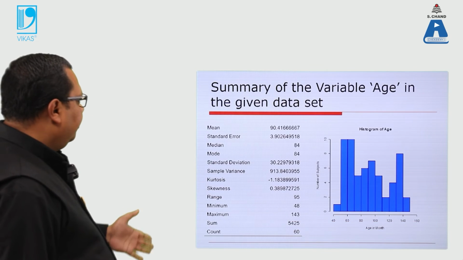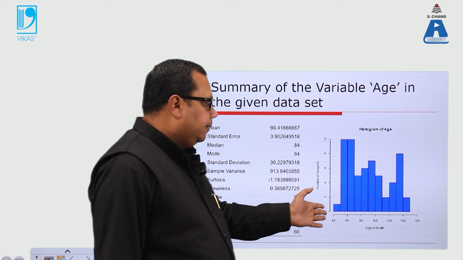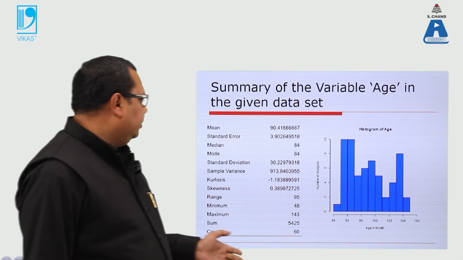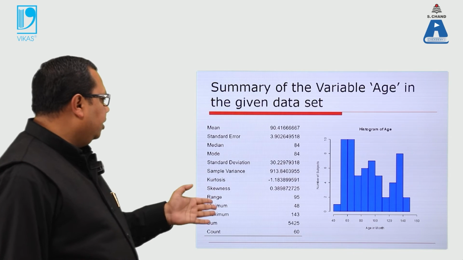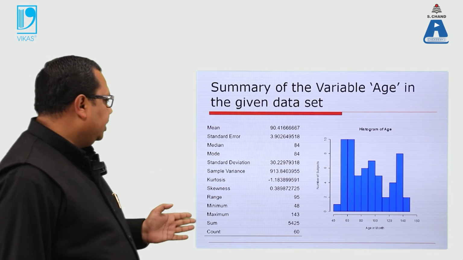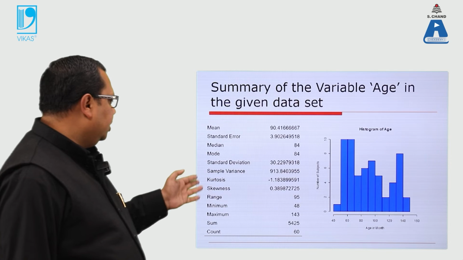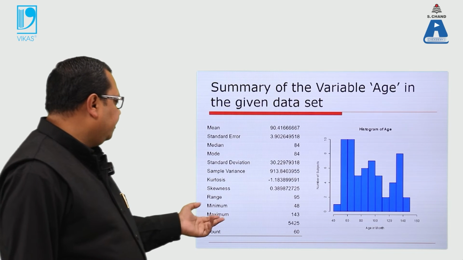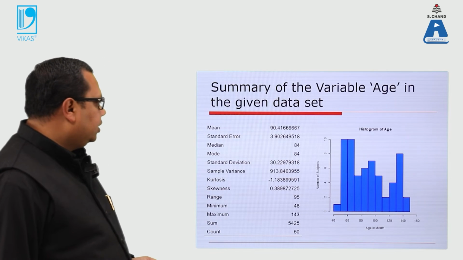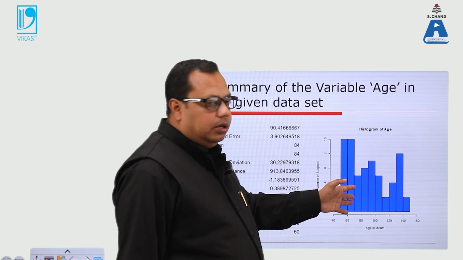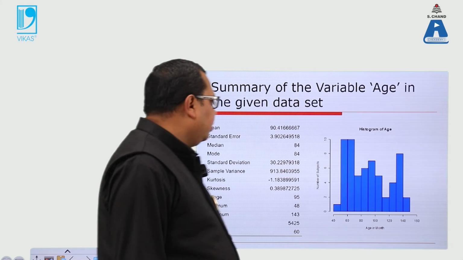In this case, we have arranged this in graphical form, as we have discussed the standard error, the median, the mode, the standard deviation, the sample variance, skewness, kurtosis, range, minimum value, maximum value, sum and the count. They are all highlighted in this histogram.